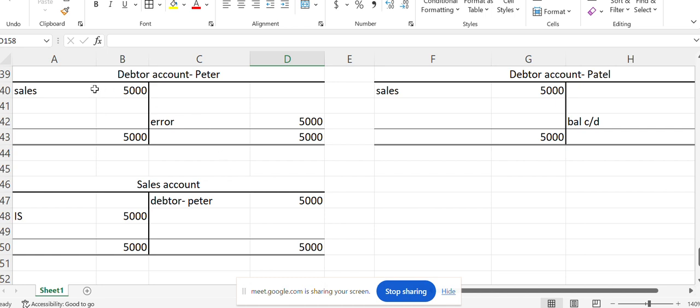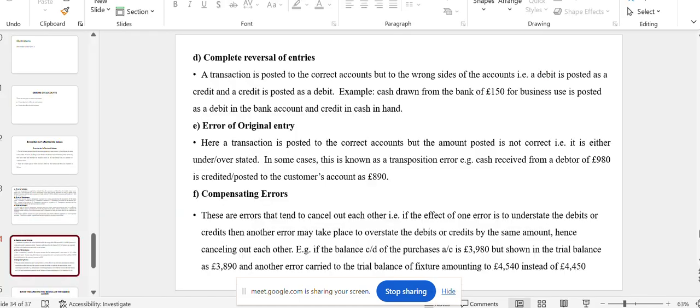You credit the debtors account, you debit the sales account. But the amounts are the same, the transaction is the same. So yes, it's an error, but the trial balance will still balance, because the amount on the debit side and the amount on the credit side are both the same. We call that complete reversal of entries.